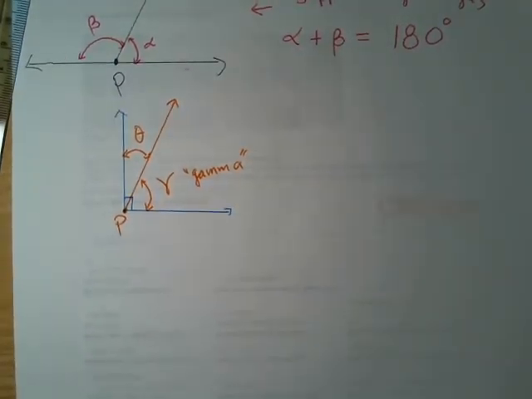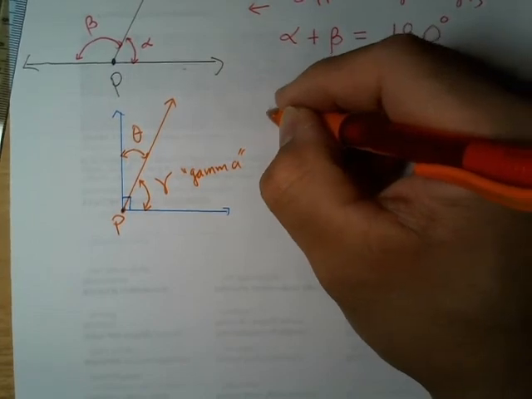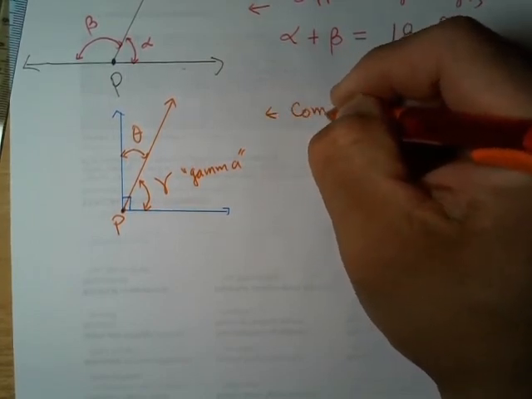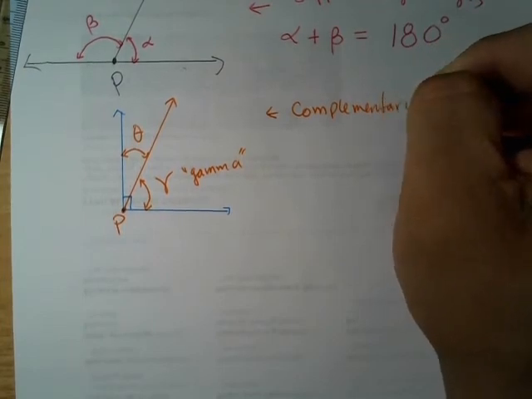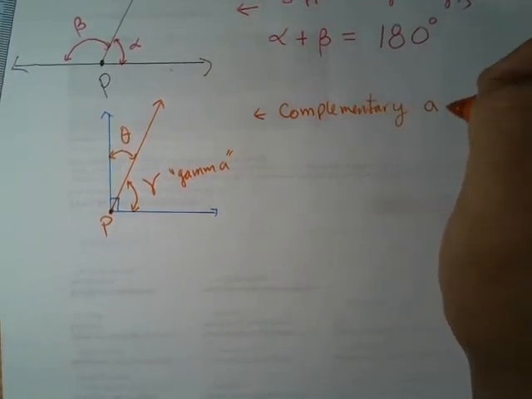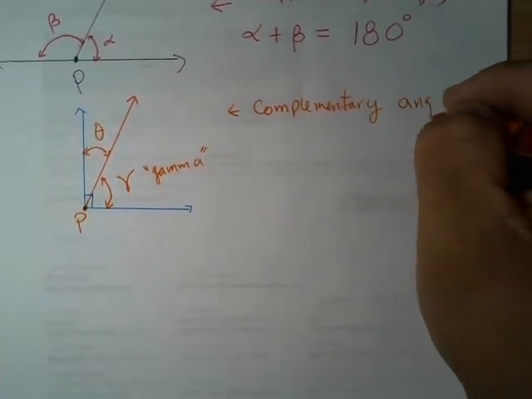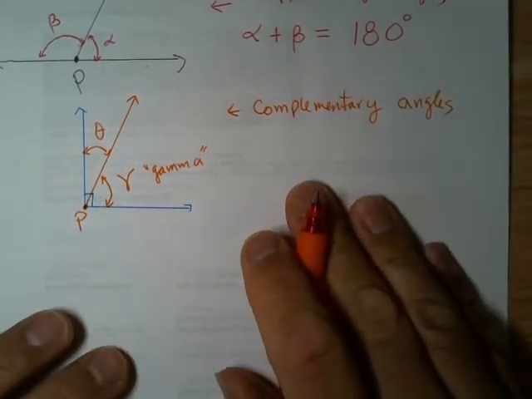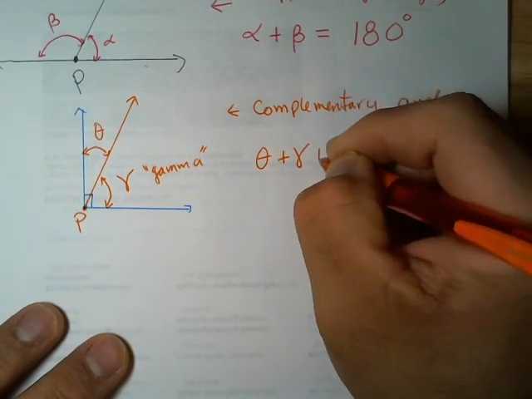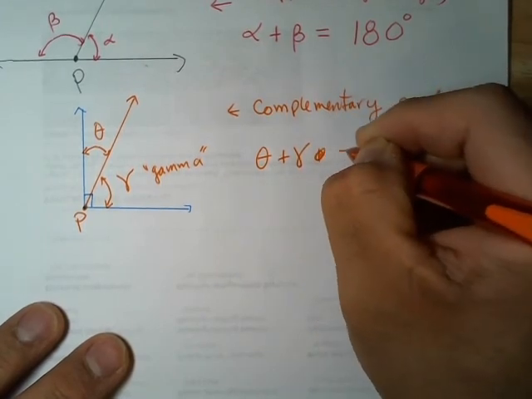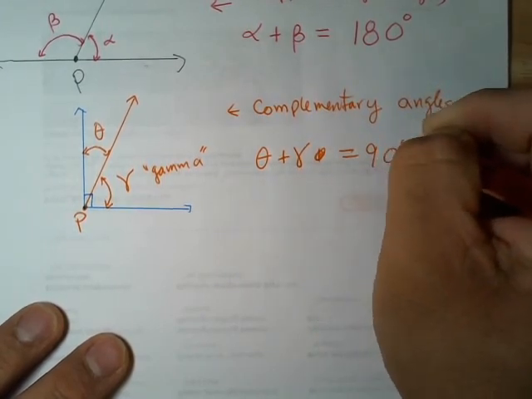These are examples of complementary angles, and the property that these have is that when you sum them, they equal 90 degrees.